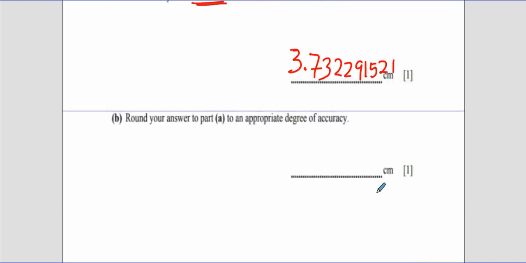Now round your answer. This is the answer which we have got: 3.732291521. How many decimal places? 1, 2, 3, 4, 5, 6, 7, 8, 9. To have 9 decimal places in your answer is not appropriate.